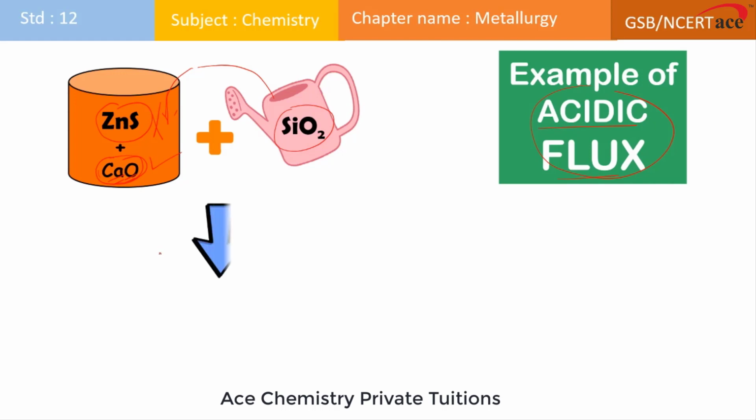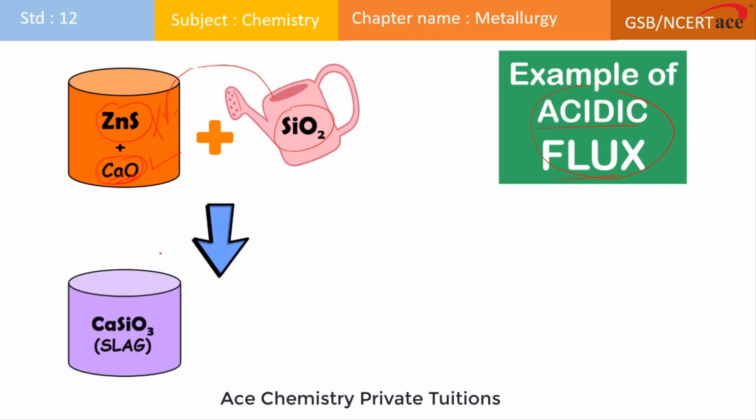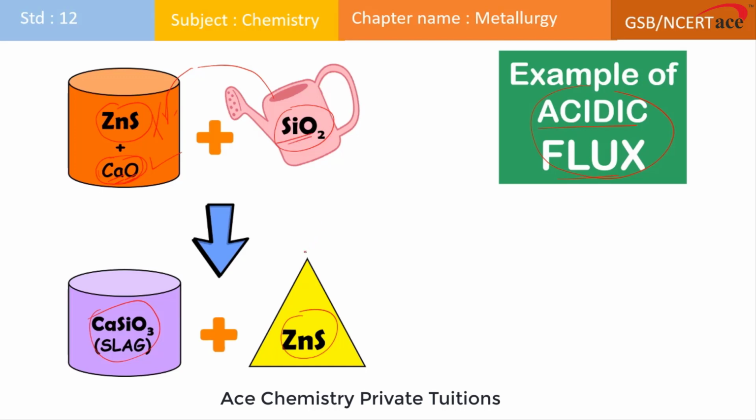It forms an easily fusible mass of calcium silicate, which can be easily removed because it is obtained in molten form, which is referred to as what? Slag, and we can remove this gangue from the ore, that is zinc sulphide. So here we understood when to use acidic flux, that is, if the metal oxide or gangue is basic in nature. Can I say here the silica is acting as acidic flux?